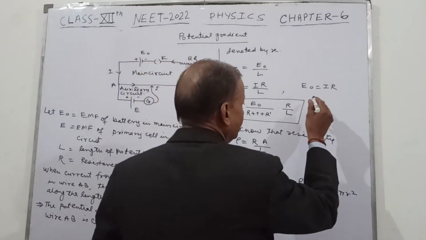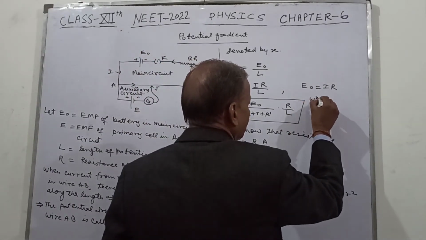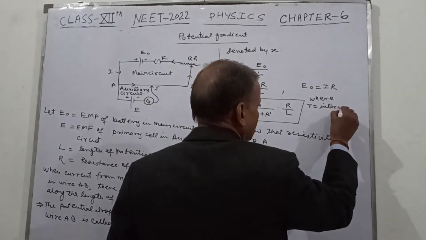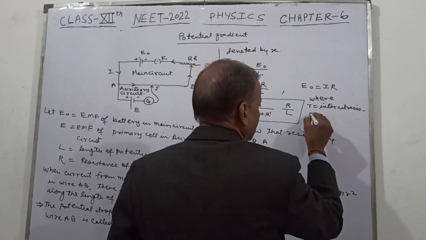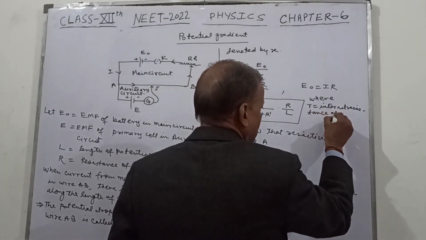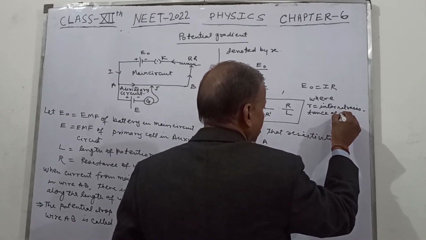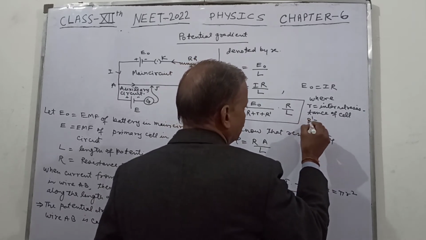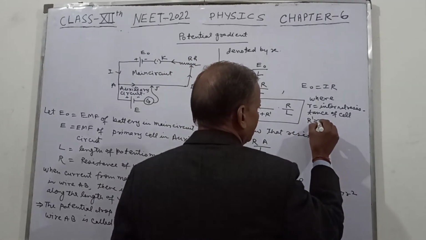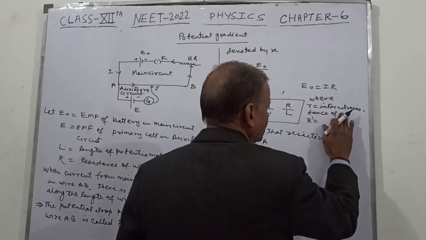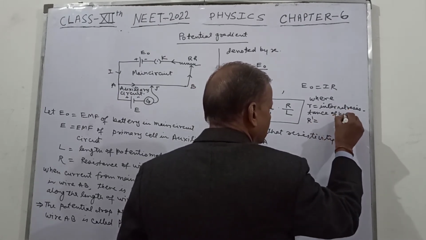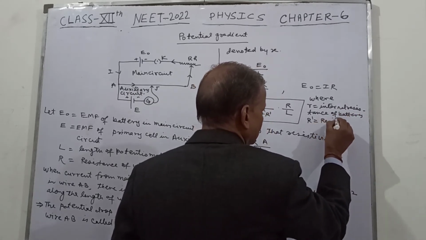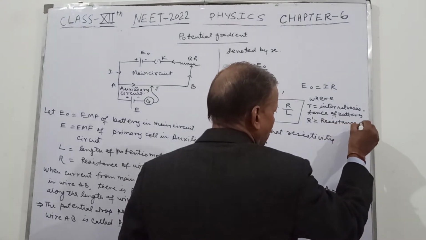Where R equal to internal resistance of cell and R dash equal to resistance of rheostat.